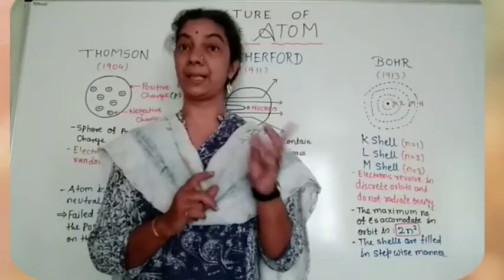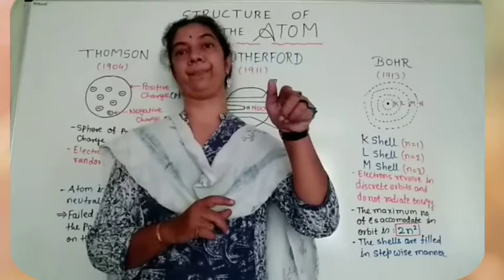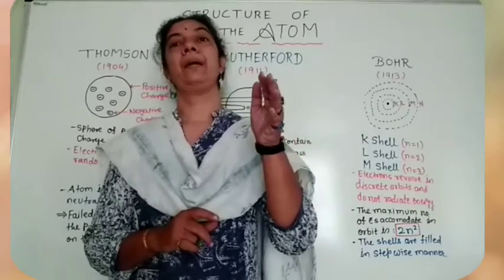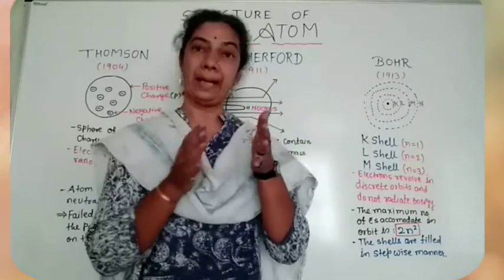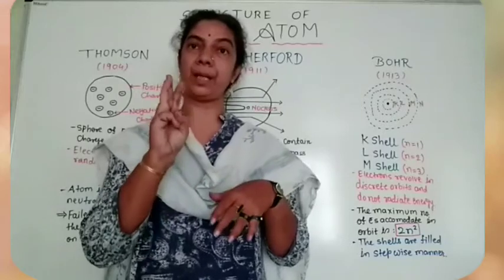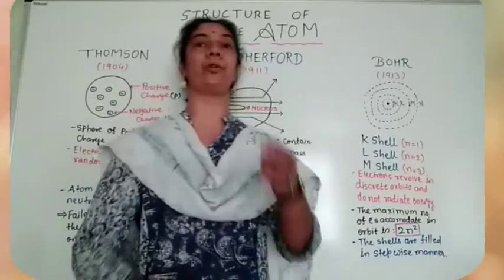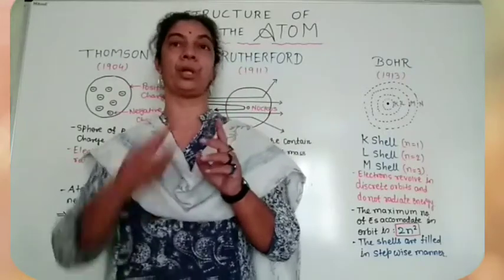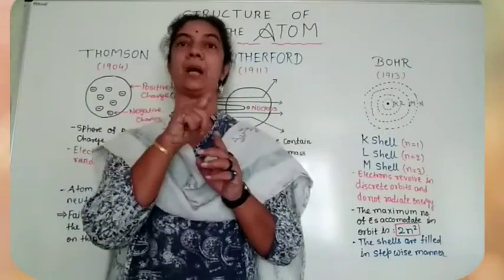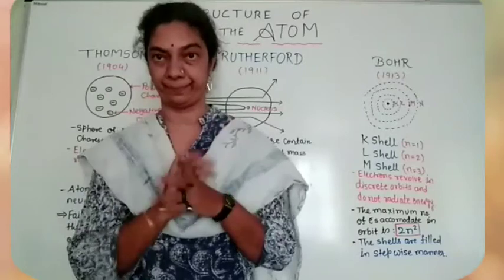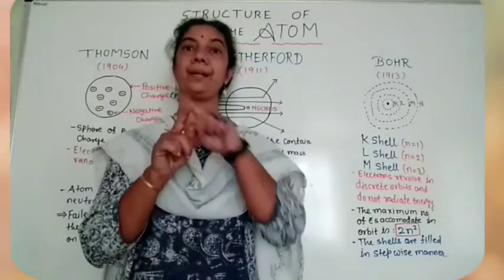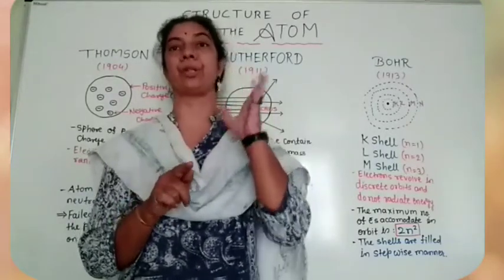That means that atom can still accommodate 3 more electrons, or it is searching for 3 more electrons to complete its outermost orbit, to complete its octet structure.